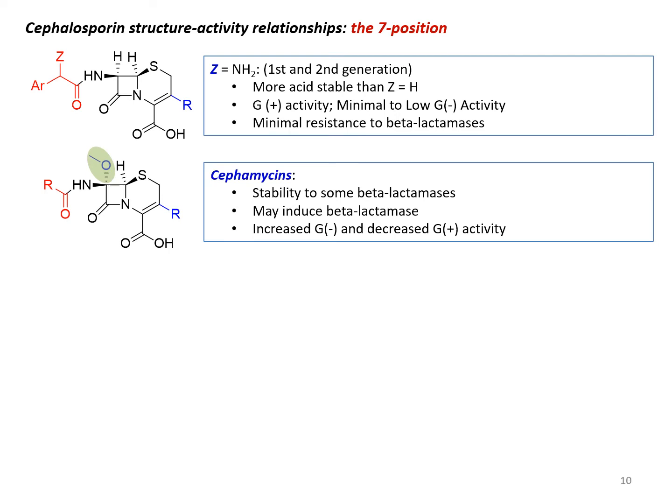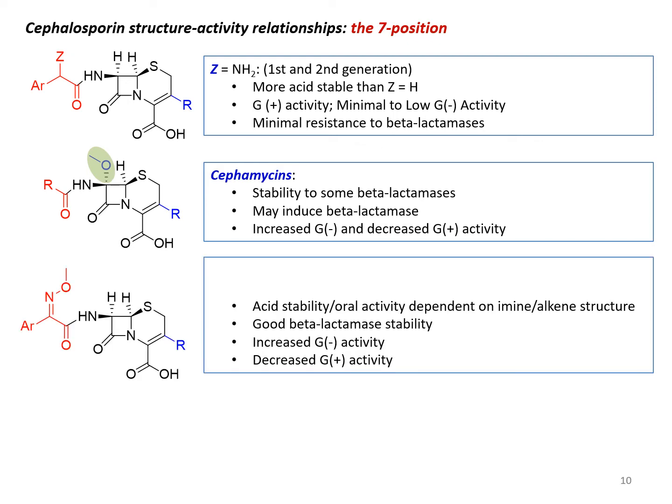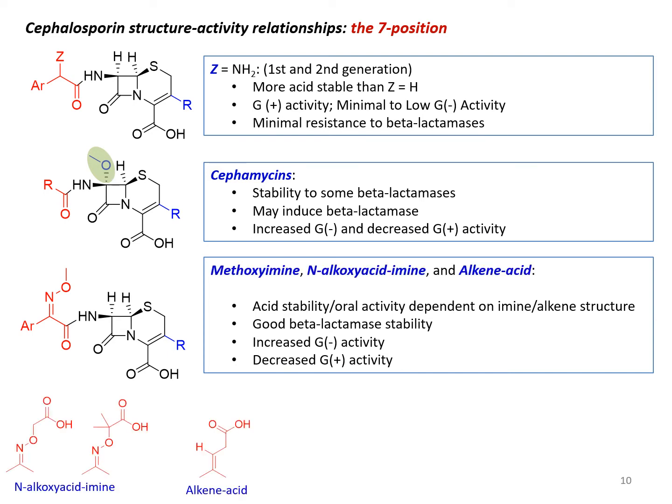Another structural feature that enhances stability against beta-lactamases is having a substituted oxime, such as methoxyamine or N-alkoxy amine, or a substituted alkene at the alpha position of the acyclic amide. There is a huge difference in resistance among the Z and E stereoisomers of these rigid double bonds.